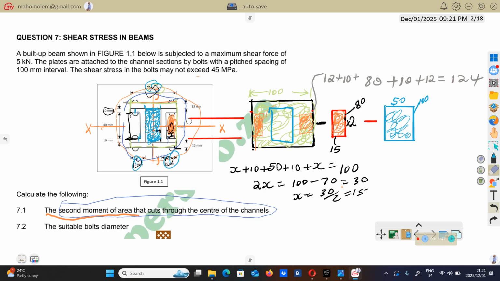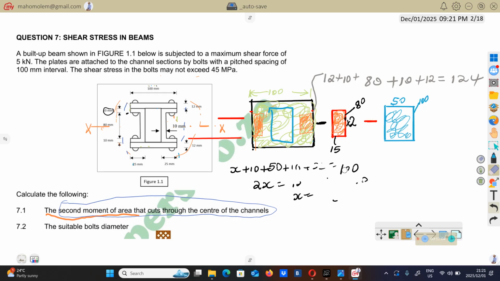Right. So from here, we can use the parallel axis theorem to calculate the first question. Let me also remove this.